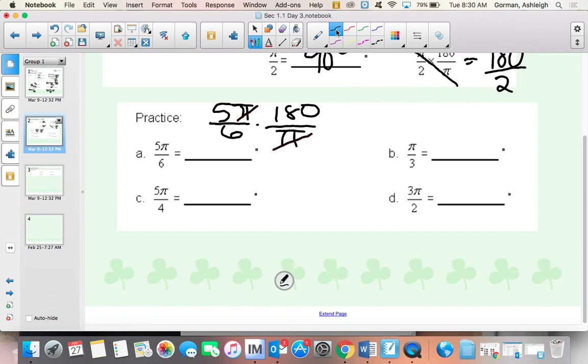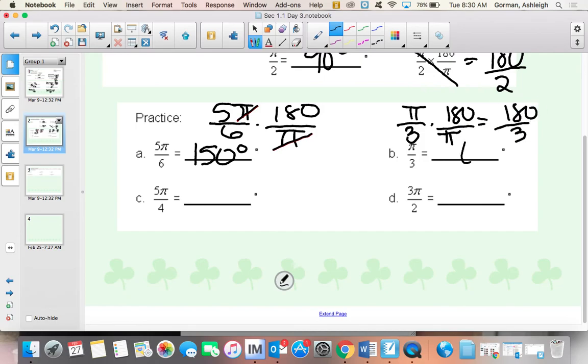So then this will be 150 degrees. Same idea for pi over 3. Pi over 3 times 180 over pi. That's the same thing as 180 over 3, which would be 60 degrees.